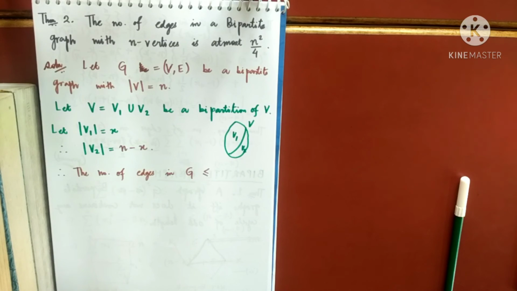what we know, the biggest bipartite graph, biggest in the sense of consisting of the maximum number of edges, can be m into n. We have done this: if the number of elements in the first partite set is m and in the second partite set is n, then the total number of edges in the complete bipartite graph is m into n.